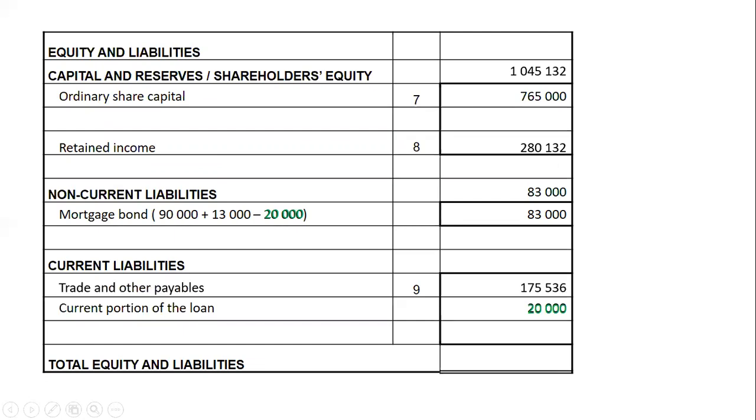There it is, 175,536. If I had a bank overdraft, I was going to include it, but in this case I do not have a bank overdraft. You saw it was 63,000, so it was still positive. If I had it, I was going to include it there.